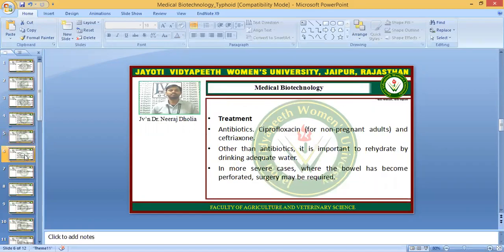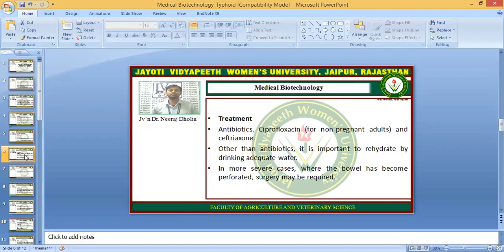So let's talk about the treatment part. In the treatment, we can use the antibiotics, and it is necessary to use the antibiotics because in the absence of the treatment, it can be fatal. So the ciprofloxacin can be prescribed for the non-pregnant adults, and other antibiotic is the ceftriaxone.